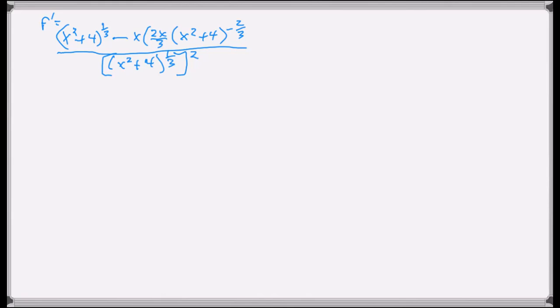So let's clean this up just a little bit. So I've got x squared plus 4 to the 1/3 minus negative x times 2x is going to be minus 2x squared over 3 times x squared plus 4 to the negative 2/3.